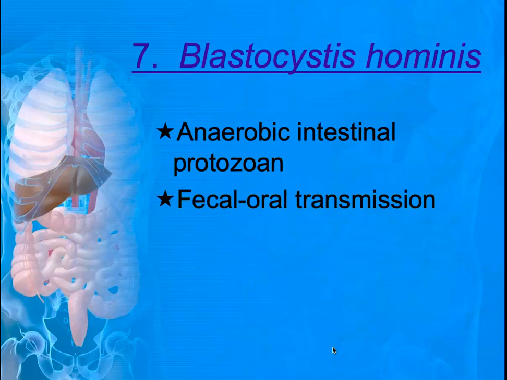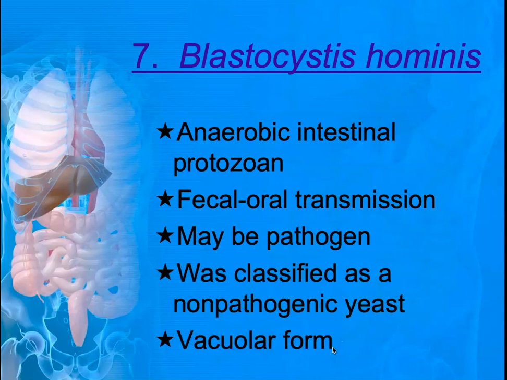The last one we'll cover for this recording is Blastocystis hominis. Now, as far as categorizing this scientifically, the jury is still out. It started out being categorized as an algae, and in fact they still think it's related to algae.